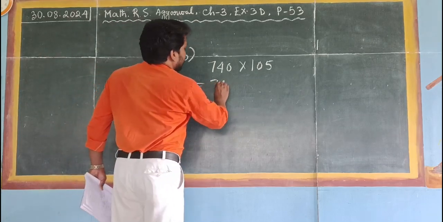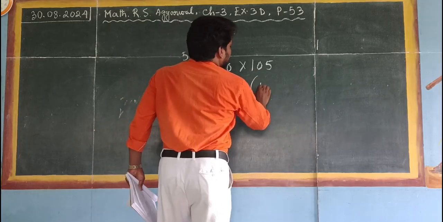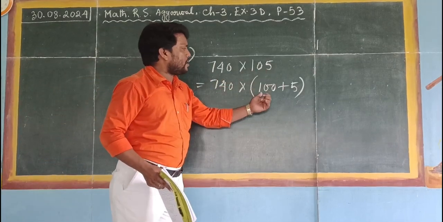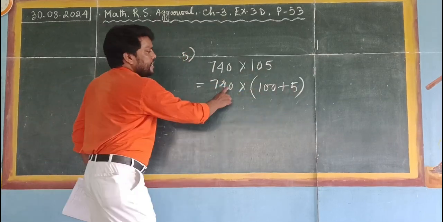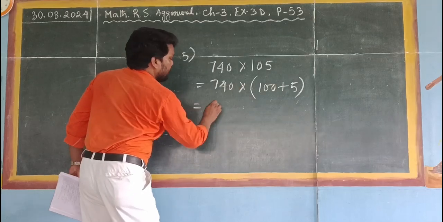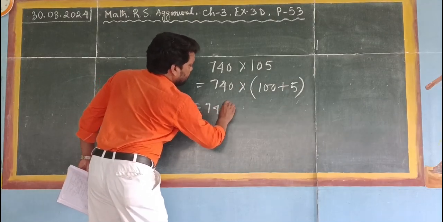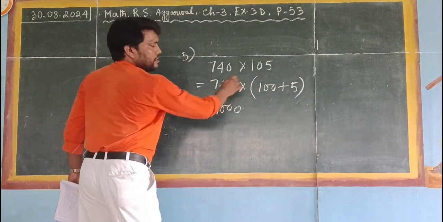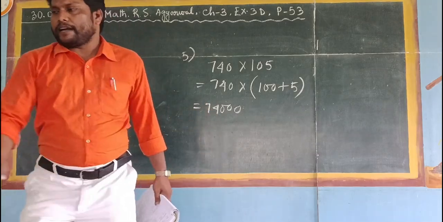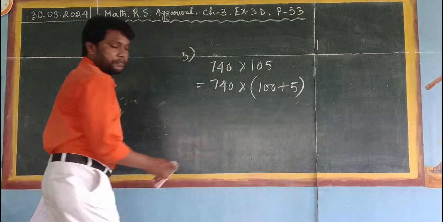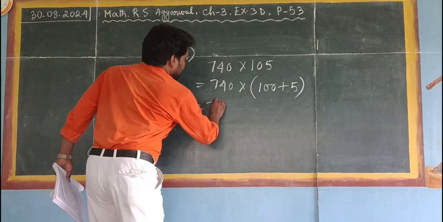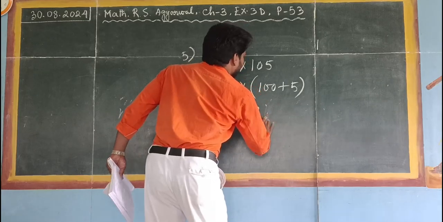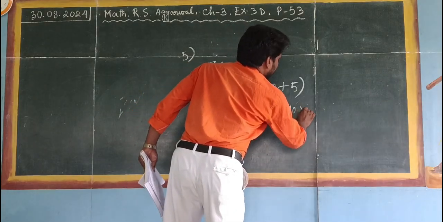Now regroup: 740 into, within the bracket, 100 plus 5. 105 means 100 plus 5. Now A into B plus C. A into B, that means 740 into 100, is 74000. You may write at first, I have skipped one step: 740 into 100 plus 740 into 5.